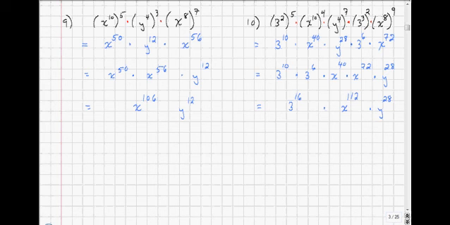Now, the only question that remains is whether or not the 16th power of 3 is going to fit in our calculator, or if that number is going to be too big for our calculator. So the base is 3, the exponent is 16.